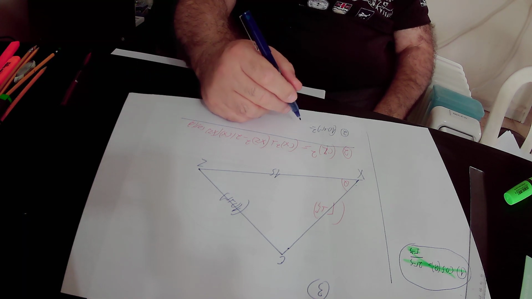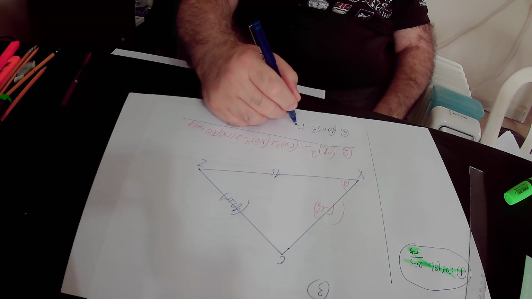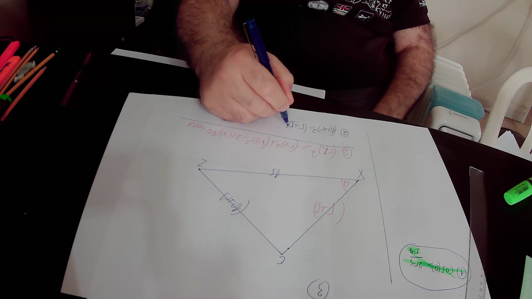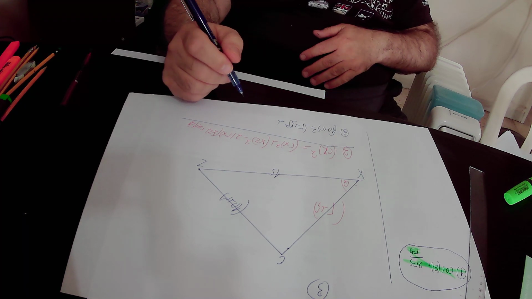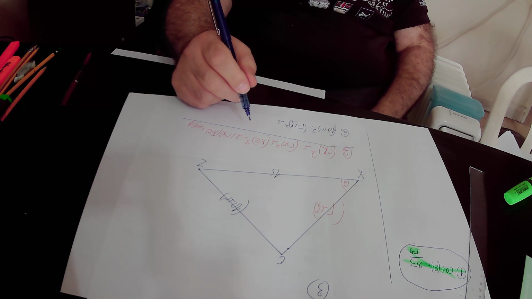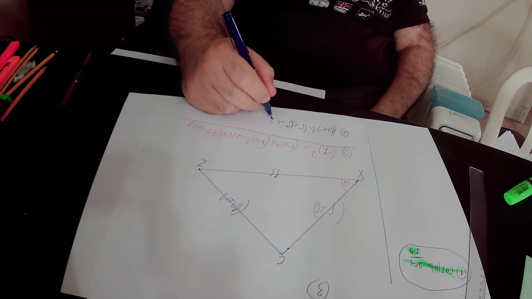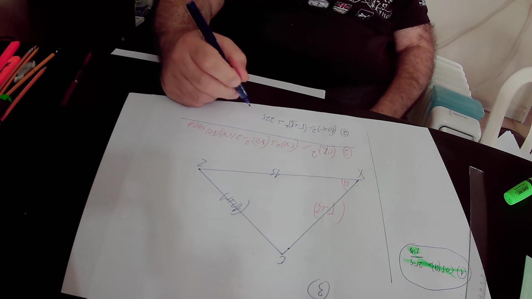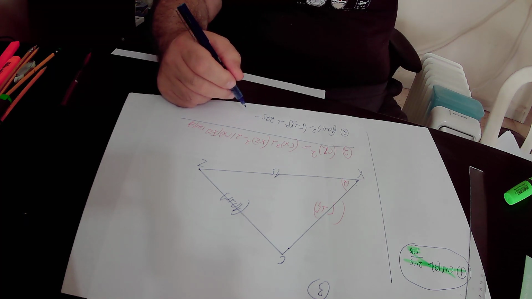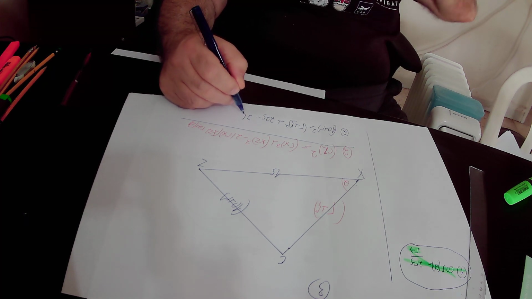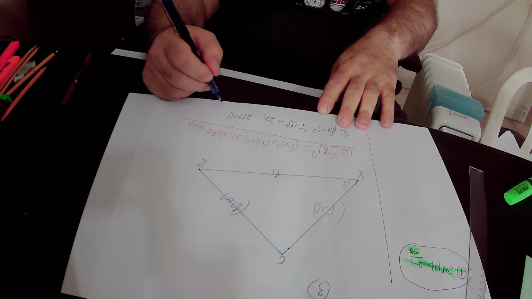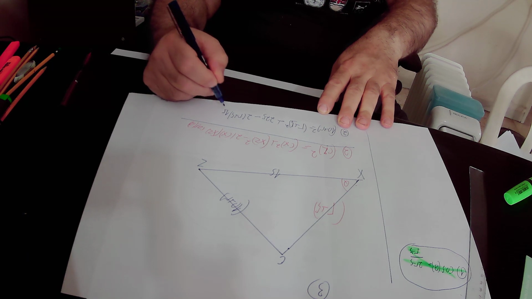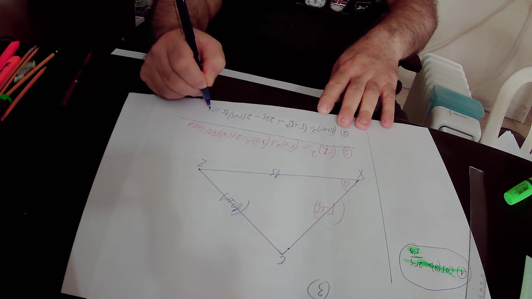Cx is r plus 5, so cx square is (r plus 5) square, plus xz square. Xz is 15, so xz square is 15 square, which is 225, minus 2 times (r plus 5) times xz, that is 15, times cosine theta.